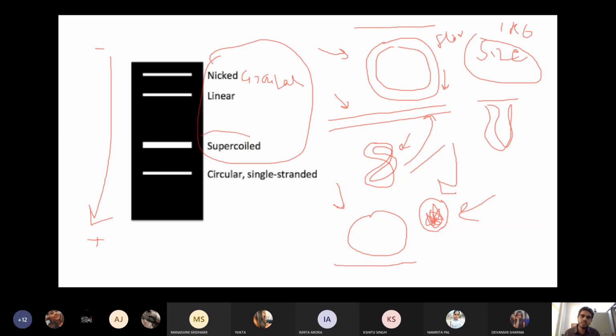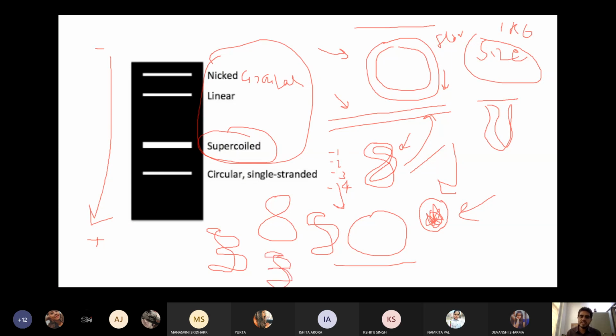Now here, in this supercoiled one, as we mentioned, a plasmid, your circular DNA, can be differently supercoiled, depending upon how much linking number is there. It may be -1, -2, -3, -4, and so on. Simply, you can say -1 means it is going to be like this, -2 is going to be like this, then so on, 3 further increases like this, and 4 like that.